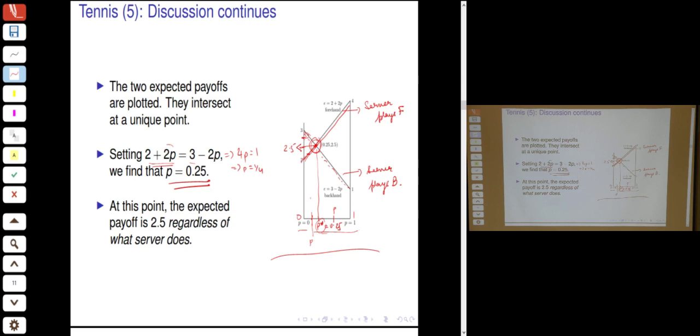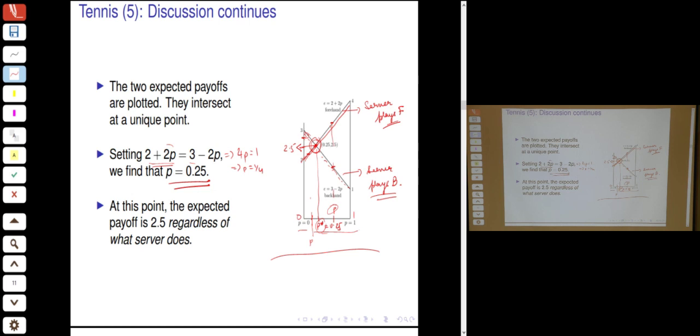Once he figures that out, he will immediately look at this curve and switch his strategy from forehand to backhand, and the great payoff you were getting under the strategy F from your opponent will drop to a much lower payoff than 2.5, because your opponent will immediately switch the strategy to B. Once he figures out by calculating the frequencies that you are hitting forehands with probability P bigger than 0.25.